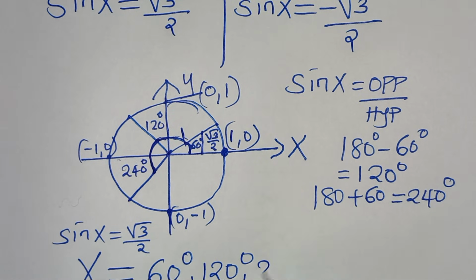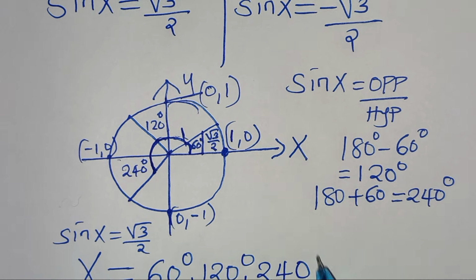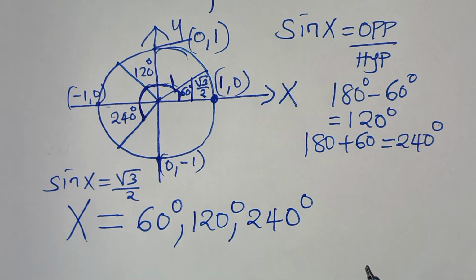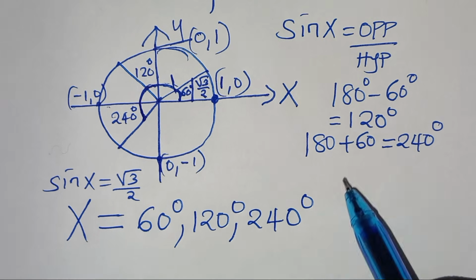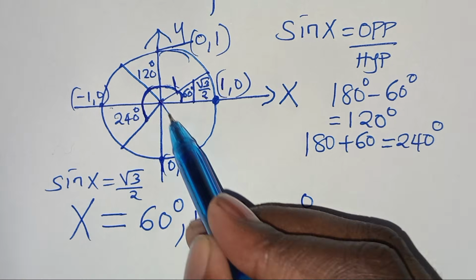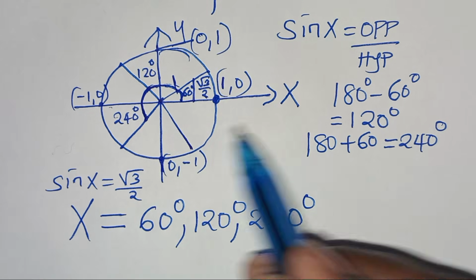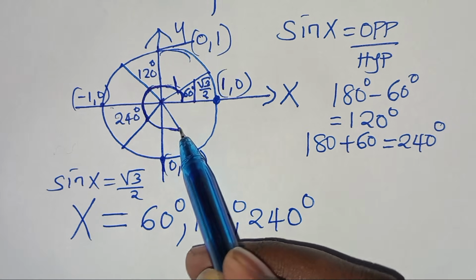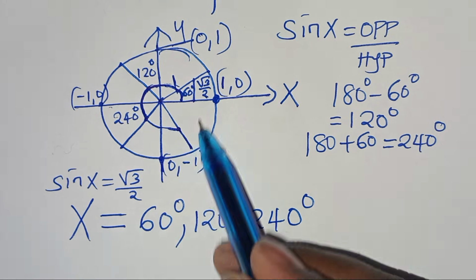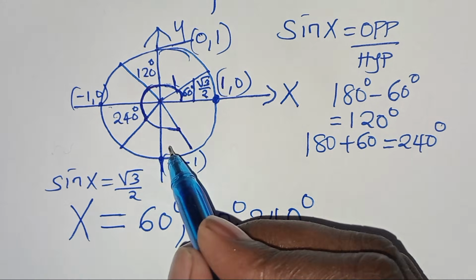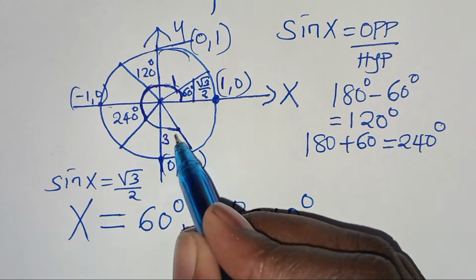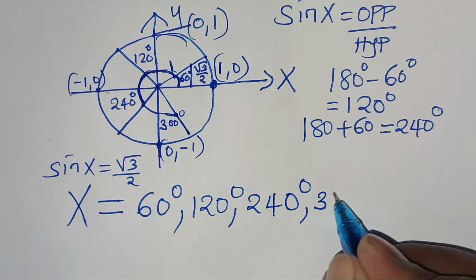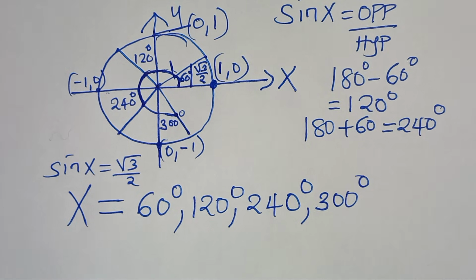So we have another angle here, which is 240 degrees. The next step is that we have another angle in the fourth quadrant. From 0 degrees all the way to this point here, we have 360 subtract 60, and then we have an angle of 300 degrees. So another angle here is 300 degrees.